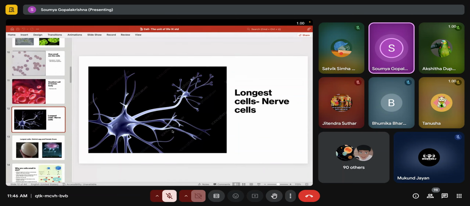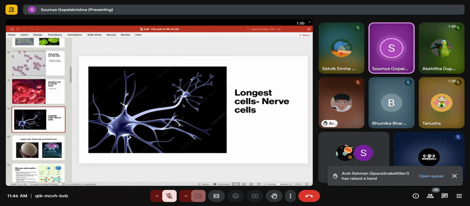The head of the neuron is present in the head of the giraffe, but the tail of the neuron extends along the neck down to the body. So we say the neuron is about 3 meters in length. The longest cell amongst all organisms is the nerve cell of a giraffe.